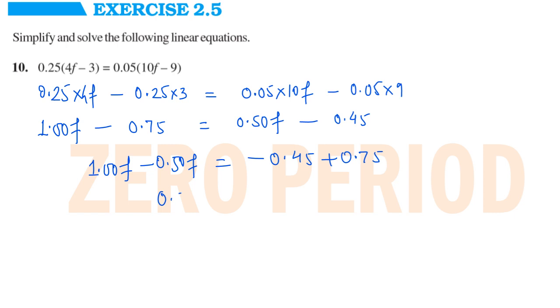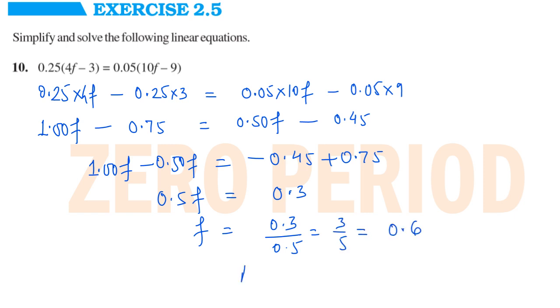If I subtract this, I get 0.5f, and if I subtract this, I get 0.3. Then f is equal to 0.3 upon 0.5. Both decimals can be removed, 3 by 5. So 0.6 is your answer. Answer is equal to 0.6.